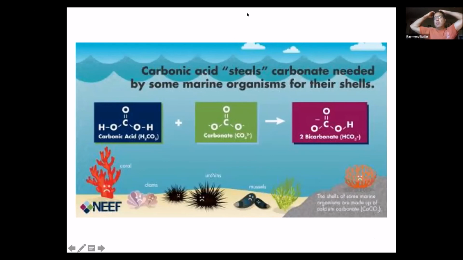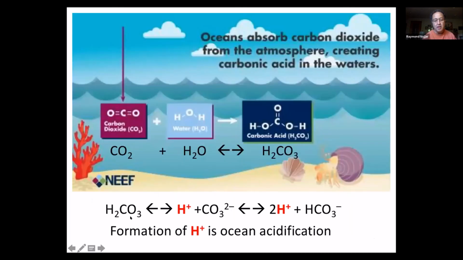organisms don't care so much about the hydrogen ion. Really what happens, as Mark pointed out in this slide, is the carbonic acid combines with carbonate ion and actually consumes the carbonate ion. So this is a weird thing about the carbonate chemistry. Even though it looks like carbonate ion is going up here, the chemistry is a little bit more complicated.